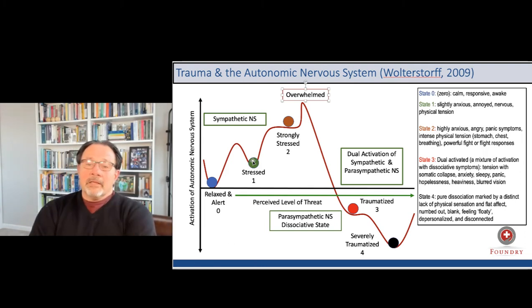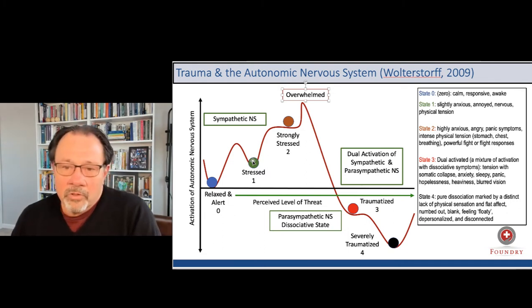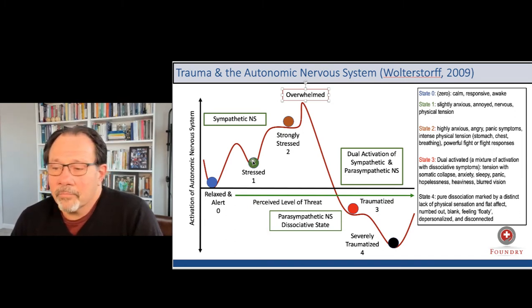Actually, being in state 1 is the most optimum state to be in to deal with stressful circumstances, because it does activate that system that turns on our ability to function, to problem solve, at probably our most efficient and effective process.